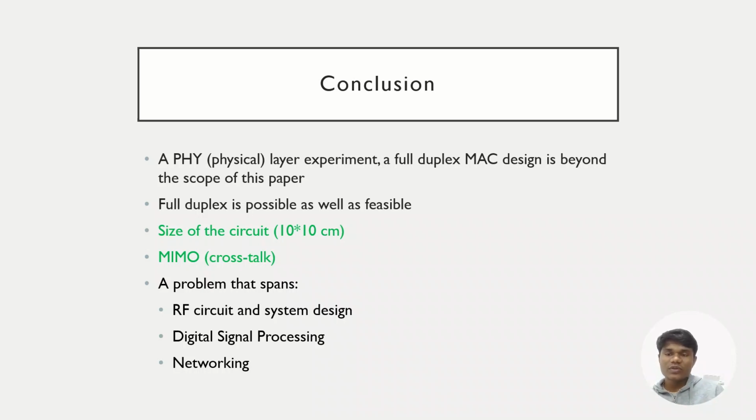And to be able to use MIMO, multiple input and multiple output, we have to take care of the crosstalk as well, where the antennas also affect each other. They say that they are working on this problem right now, at least when they wrote that paper. And now I know that they have already published it. Maybe I'll read that after I'm done with this presentation.